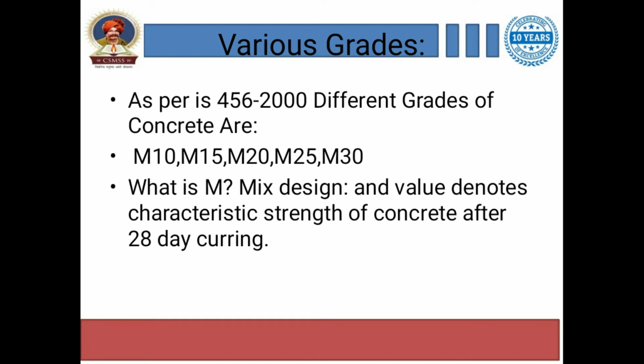We have to decide the proportion according to the grade, or we can classify this cement concrete mortar on the basis of their grades or on the basis of their compressive strength, right? Where M shows the mix and the next numeric value shows the characteristic strength of the concrete after 28 days curing.